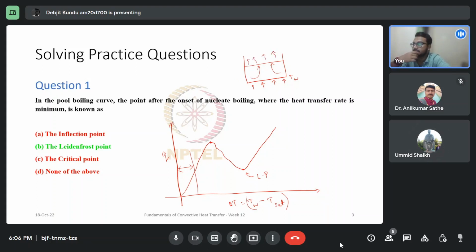This is the first regime. Then in the second regime, this point is called the ONB, or the onset of nucleate boiling, which I have mentioned in this question.